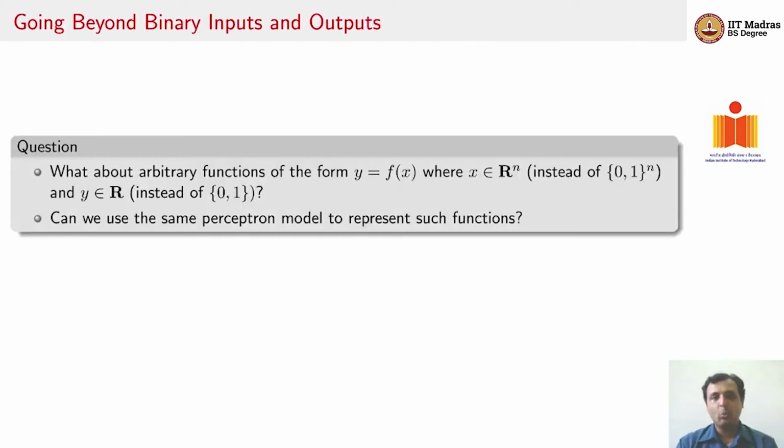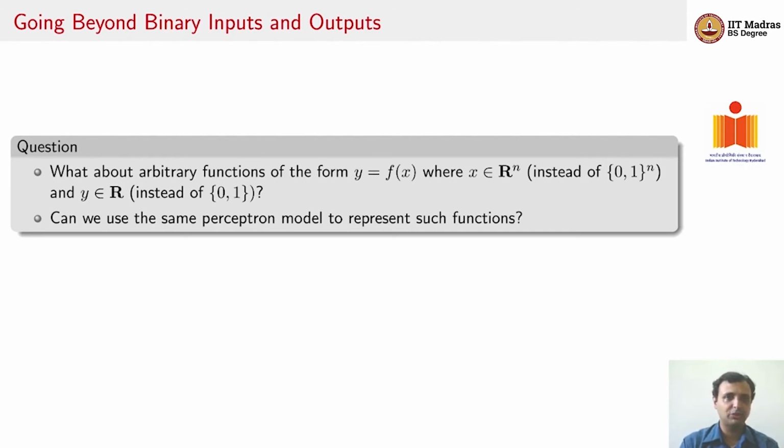Now let's ask the question, what do we do if we want to go beyond binary inputs and outputs? We only spoke about Boolean inputs. We did say that perceptrons could handle inputs beyond binary, but are there any relationships that we understand?